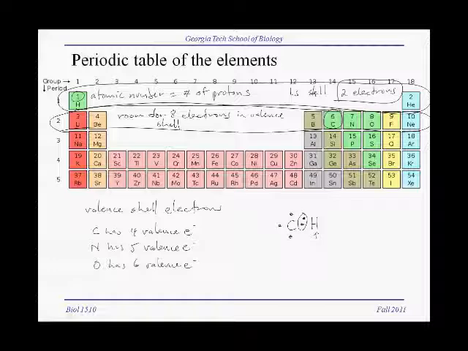So this molecule, methane, with carbon forming 4 bonds, meaning it shares 4 pairs of electrons with 4 different hydrogen atoms, now has a total of 8 electrons in its valence shell, and it's now a happy molecule.